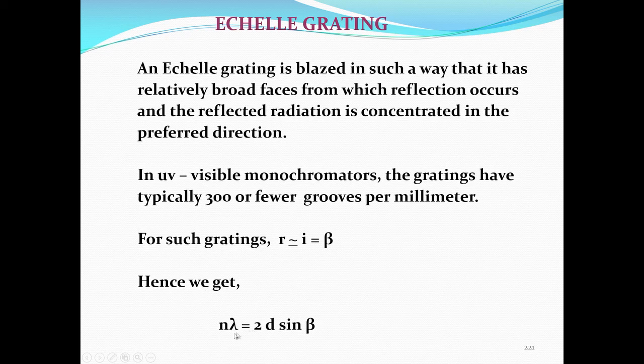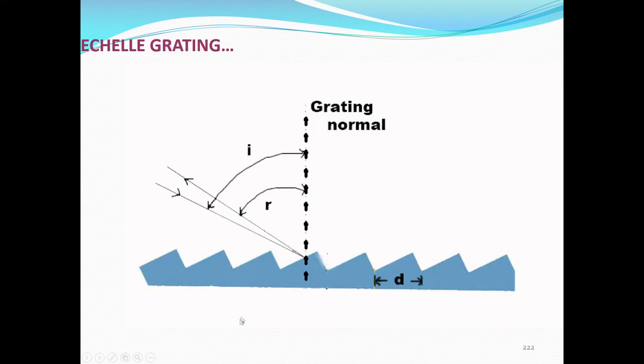So, we get n lambda is equal to 2d sin beta, whatever blazing angle we fix. This is a normal grating; the angle of incidence is fixed and the angle of reflection is also fixed like this. This is the distance between the two.